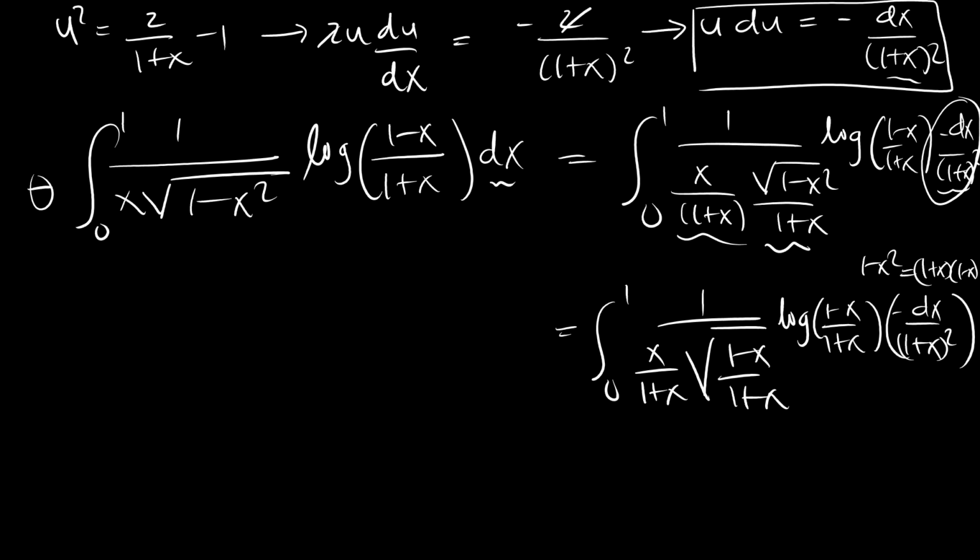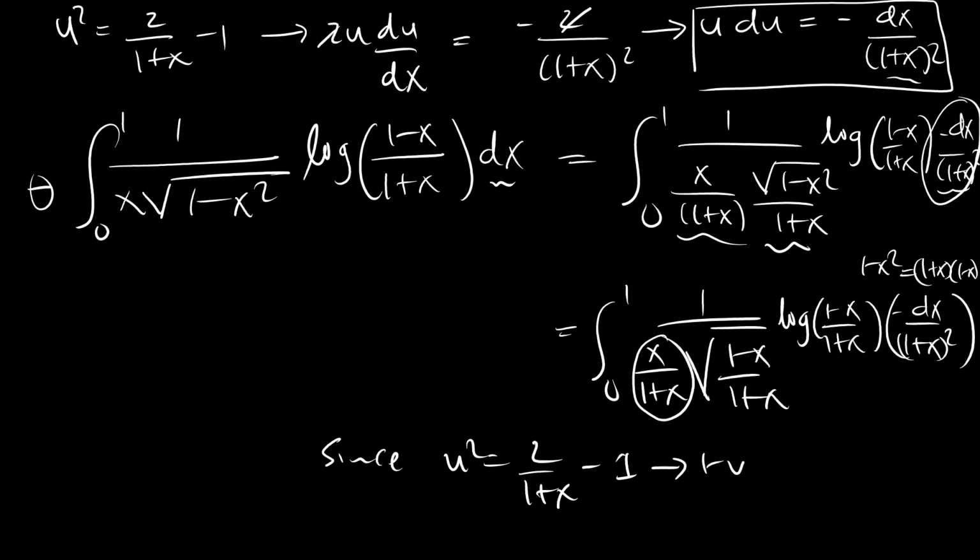So what is this? Since u squared is equal to 2 over 1 plus x minus 1, 1 minus u squared is the same as 1 minus that, so this becomes 2 minus 2 over 1 plus x, which is equal to 2 plus 2x minus 2 over 1 plus x.